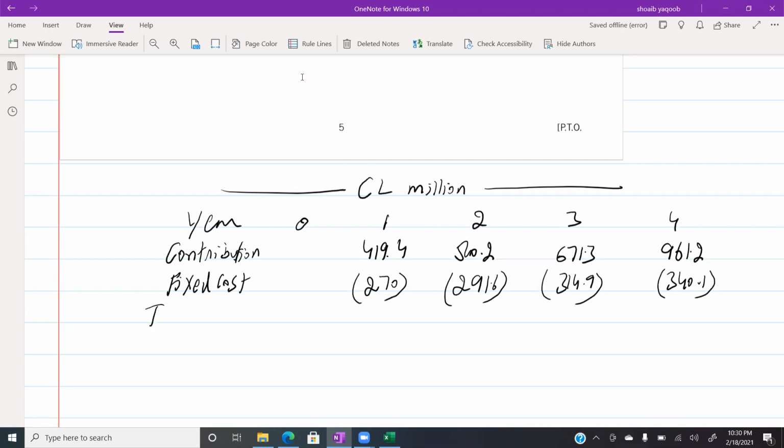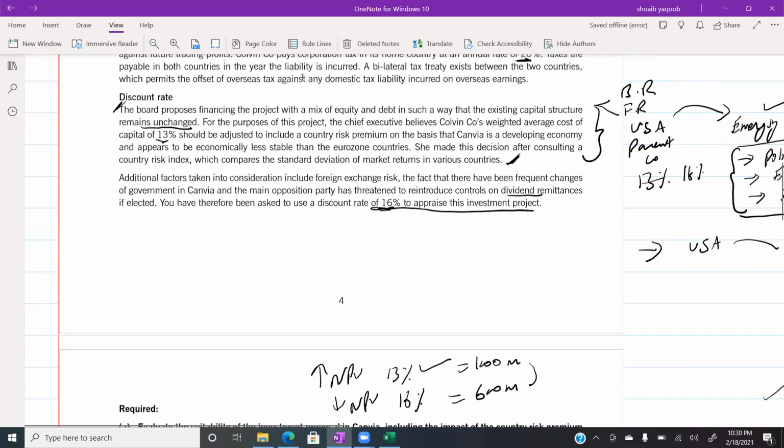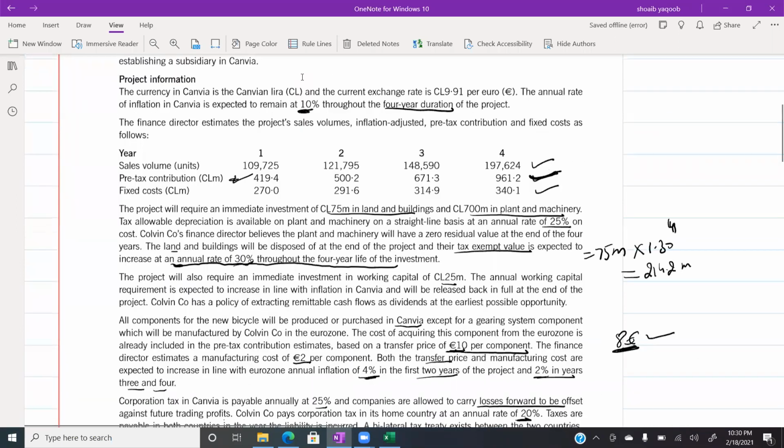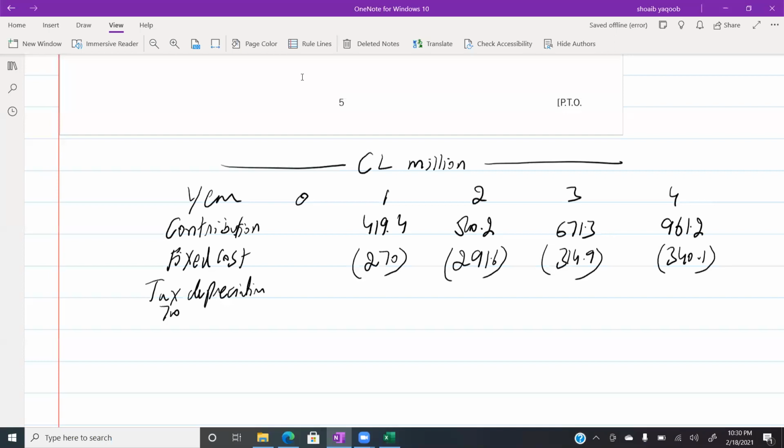Now deduct the tax depreciation. And that is 25% of the 700 million. 25% of the 700 million. 175 each year.